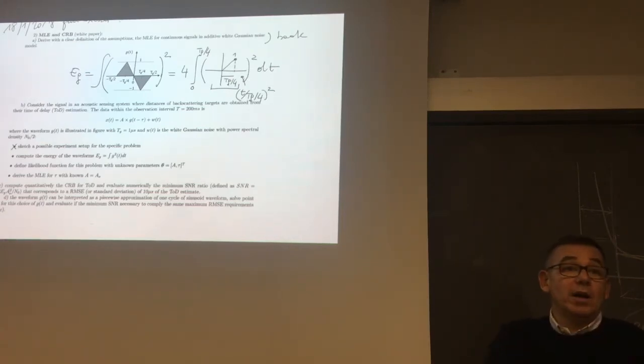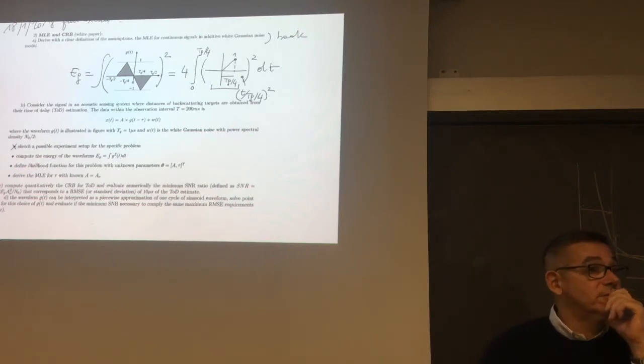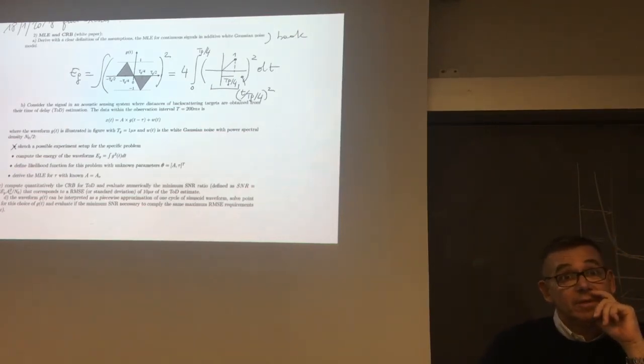So I have t squared, and the integral of t squared is t cubed divided by 3. Simple, no?